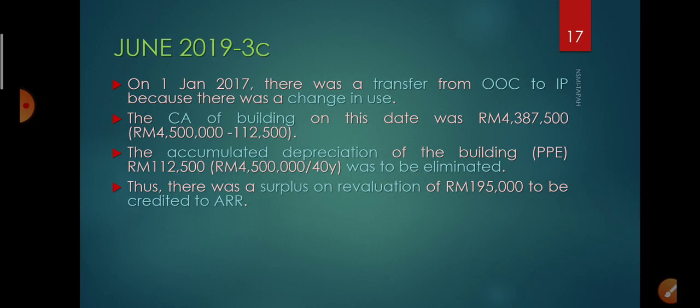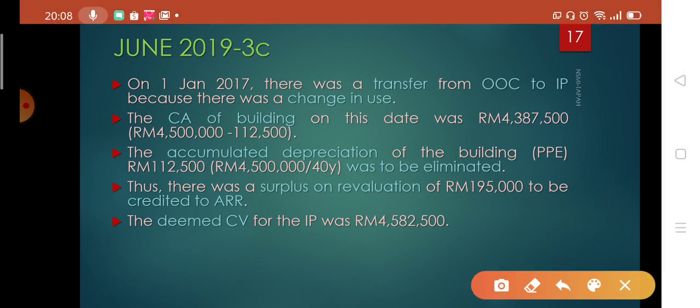So for this question, for the transfer part, you have to settle all the transactions involved while that building was still a PPE before you reclassify it to IP. So the deemed carrying value for the IP was 4,582,500. So again, how did you get the value of the surplus?